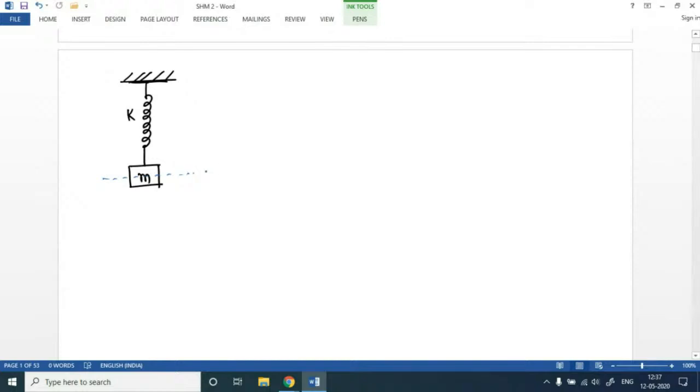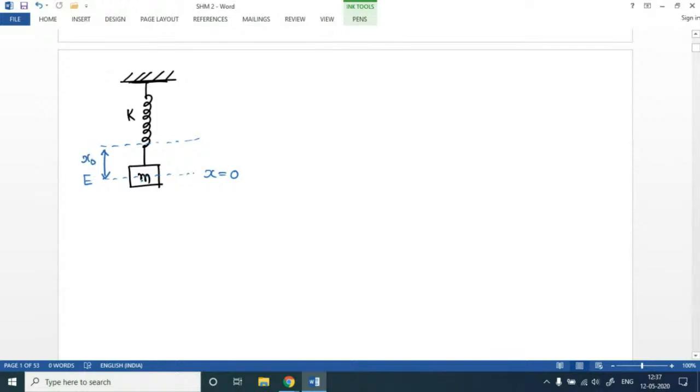So let's say this is the position when it is in equilibrium. Let's assign x is equal to 0 coordinate to this. And let's say this is the position of the block when the spring was relaxed. So if this is x naught, we can definitely find out the value of x naught.